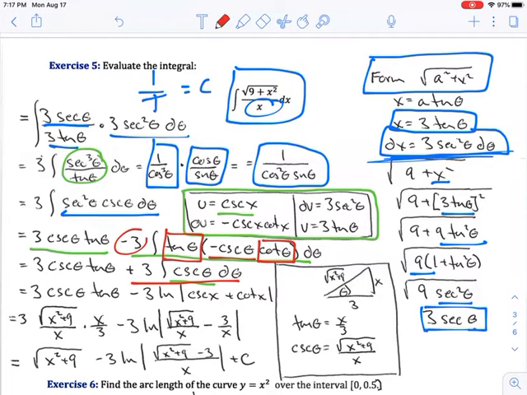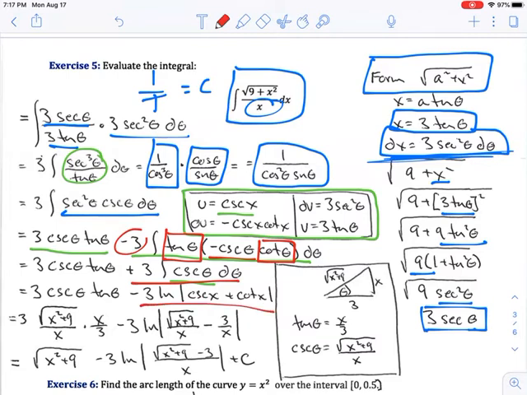All right, so now we need to find the antiderivative of cosecant. Well, the antiderivative of secant is the log of the absolute value of secant plus tangent. So cosecant would be negative log of the absolute value of cosecant plus cotangent. Well, anyway, we get that.